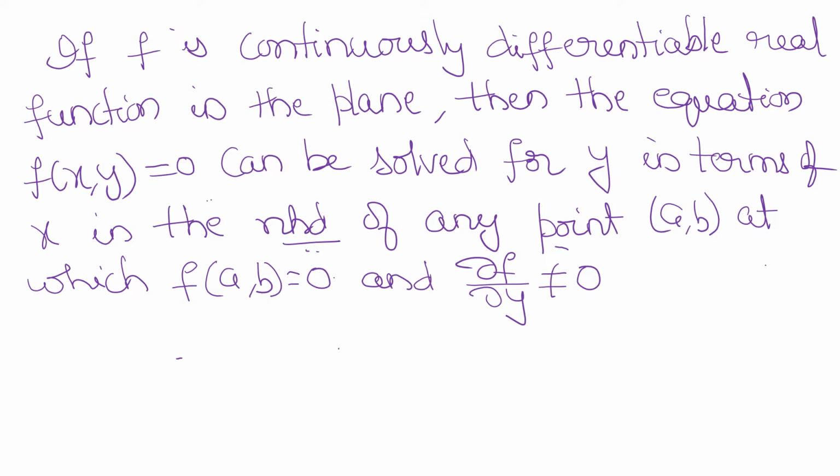Similarly, you can express x in terms of y provided dou f by dou x is not 0, that is, f of (a, b) is 0 and dou f by dou x is not 0 at that particular point. If this happens, then we can solve for x or y explicitly.